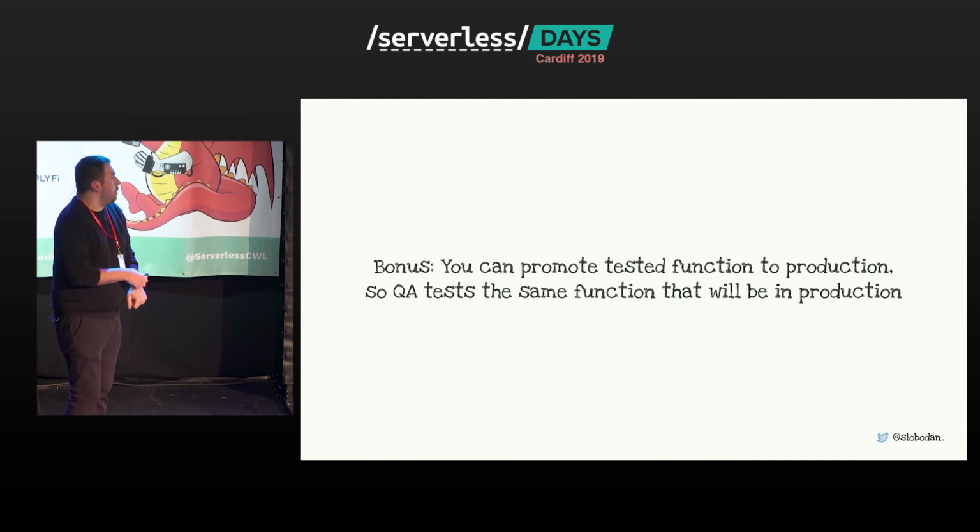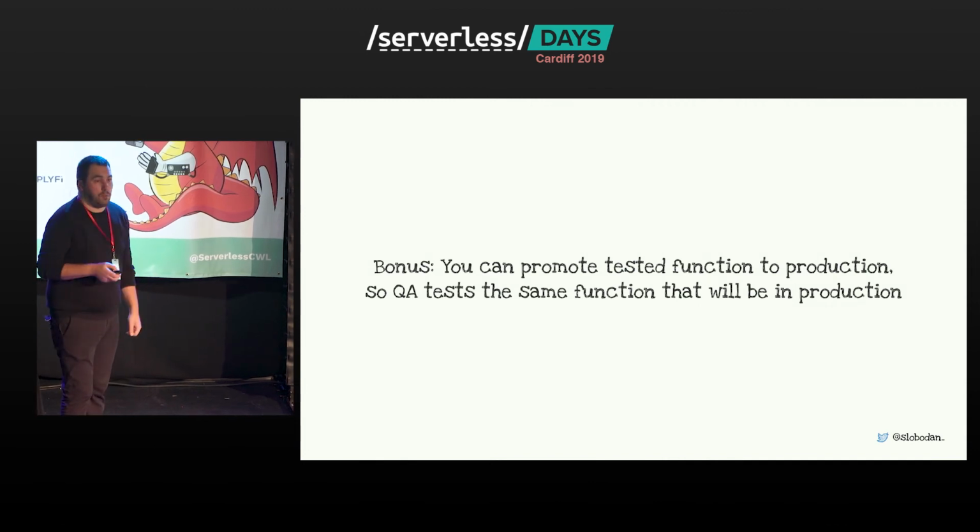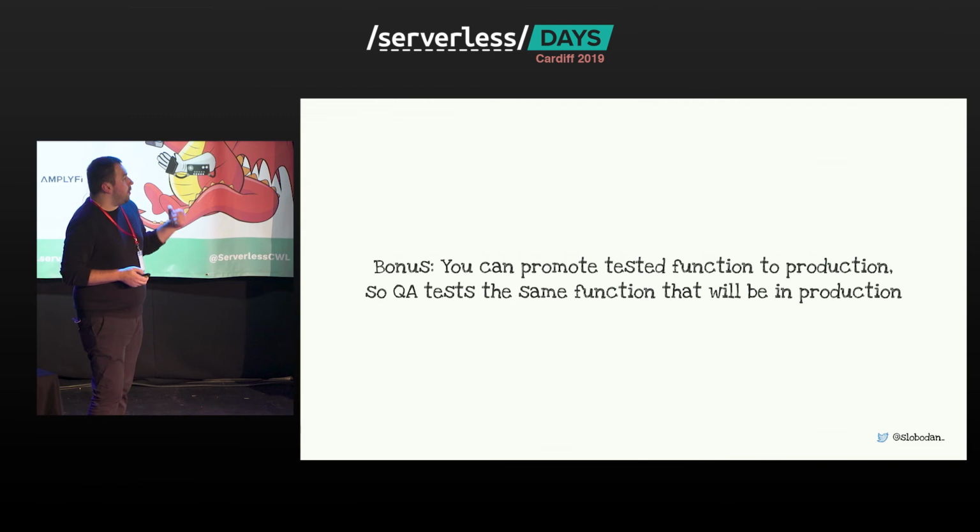There's also another thing that you can use, at least with AWS Lambda. Basically, you can test a function, and then you can promote the same tested function without redeployment to production by just changing the alias of that function.